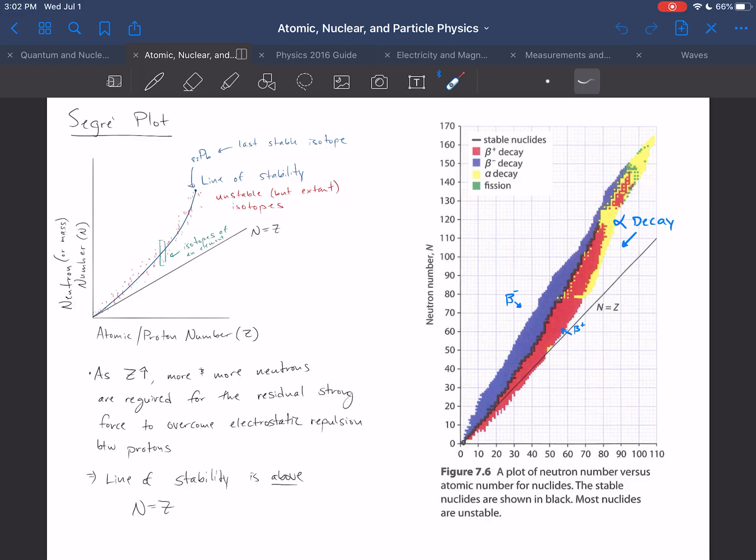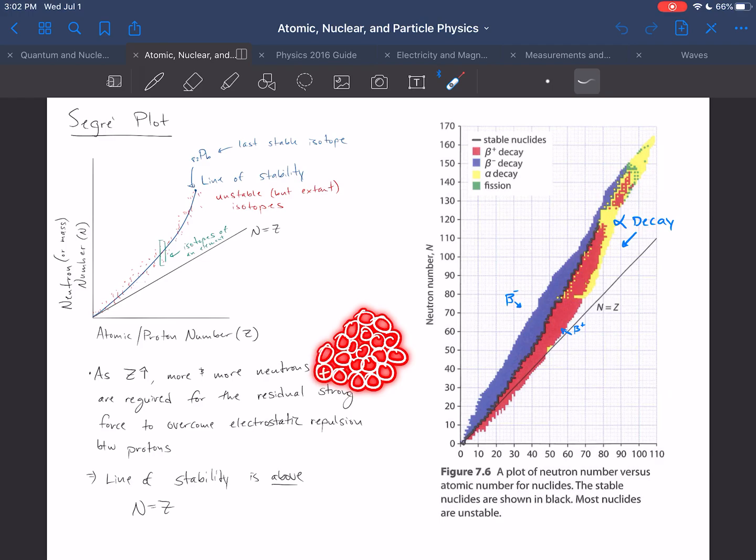Now, why do you need more and more? It's fundamentally because the electrostatic repulsion between the protons falls off as r squared. So as you get further away and you're building your nucleus, remember these nuclei have many tens and even hundreds of particles. As you get further and further away, they do repel each other less.